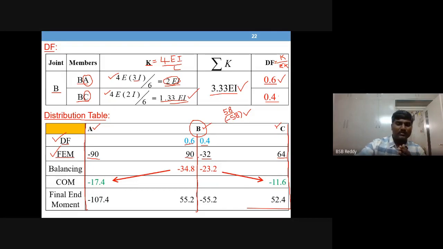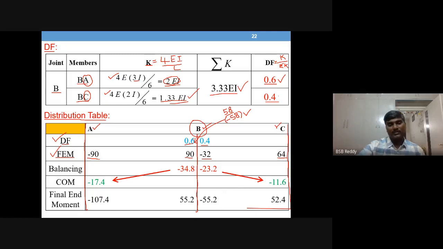Is it to this side or this side, or how much to the left and how much to the right? So you take minus 58 into 0.6, the distribution factor, which will be the moment share of BA.